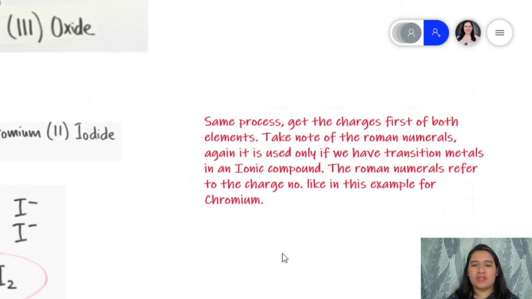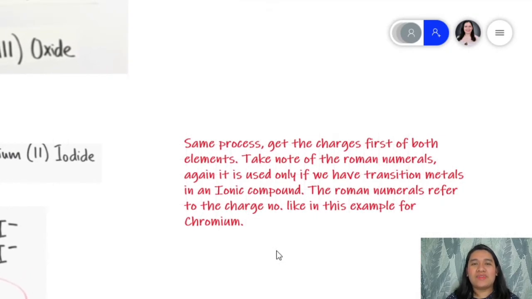So take note again, we will have the same process like what we did a while ago. We will get the charges first of both elements. And then take note of the Roman numerals. They are used only if we have transition metals in an ionic compound. The Roman numerals refer to the charge number.